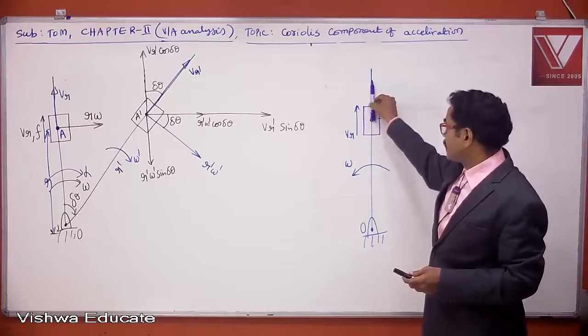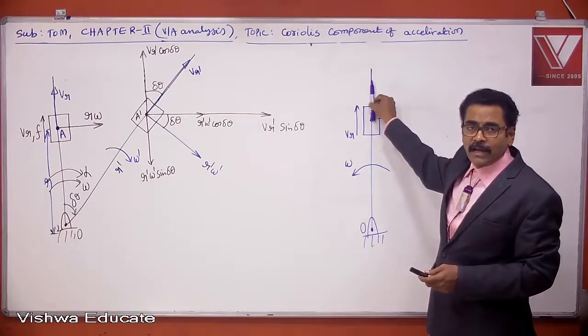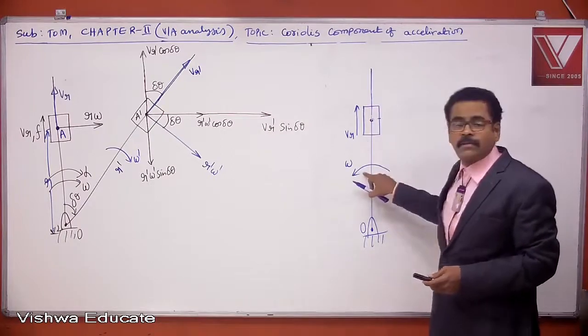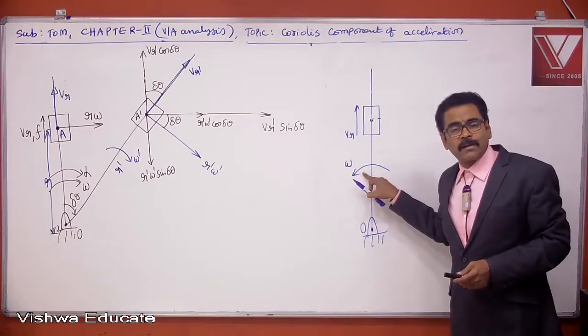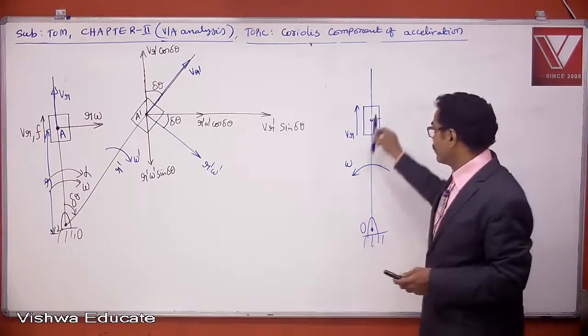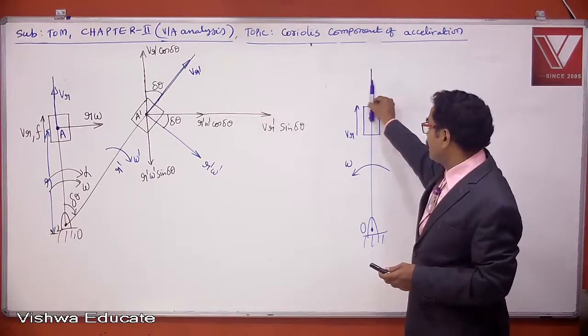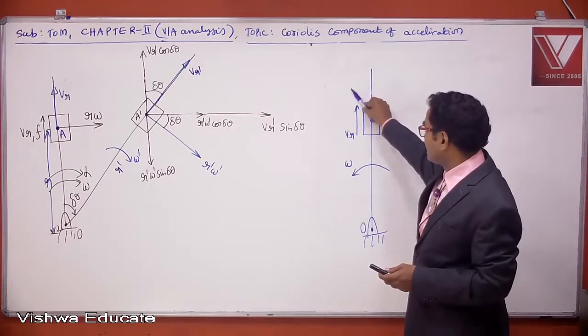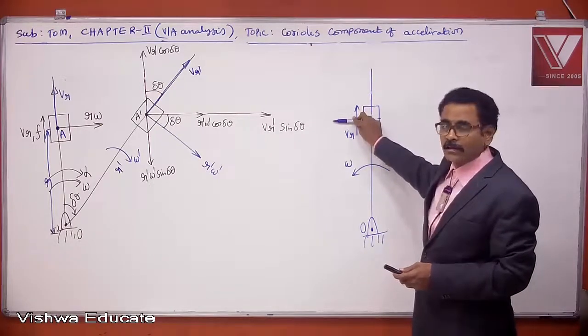Rotate the radial velocity vector by 90 degrees in the direction of angular velocity, which is anti-clockwise here.